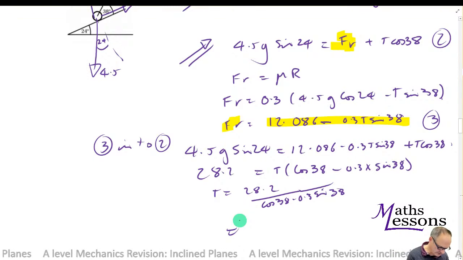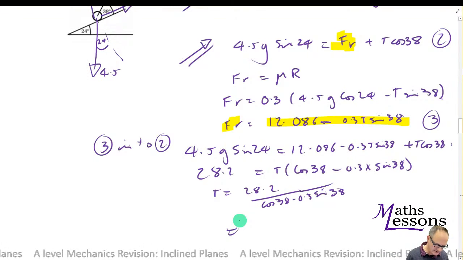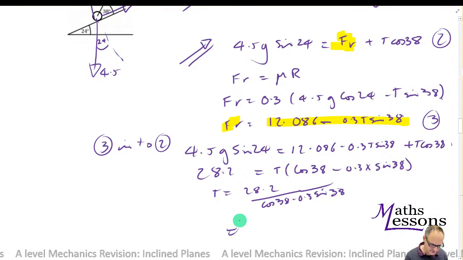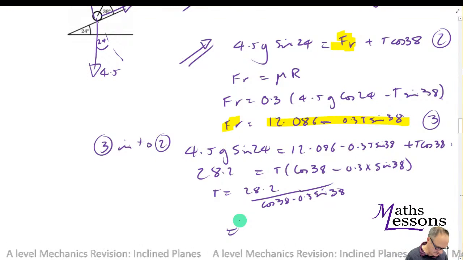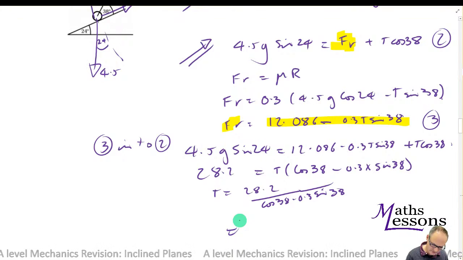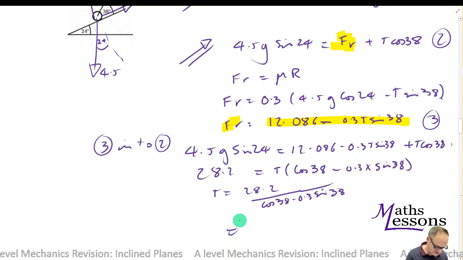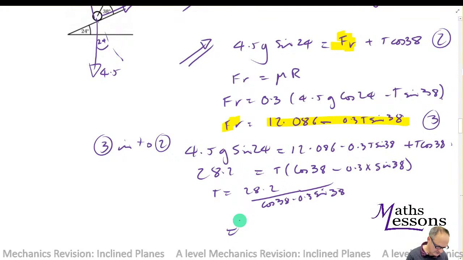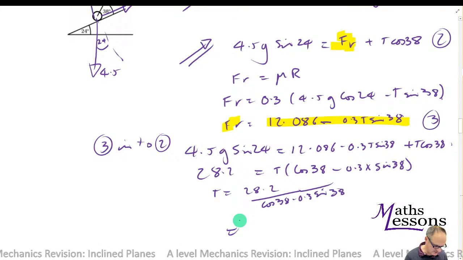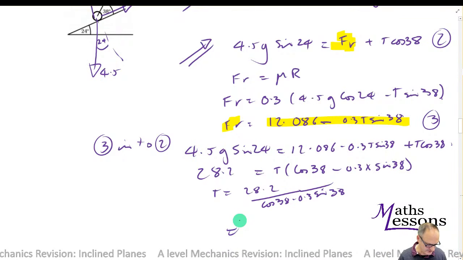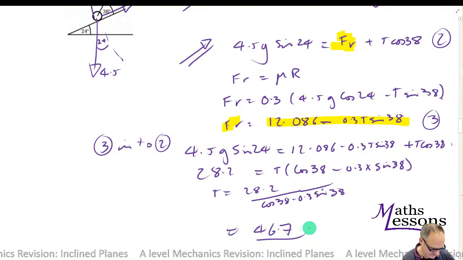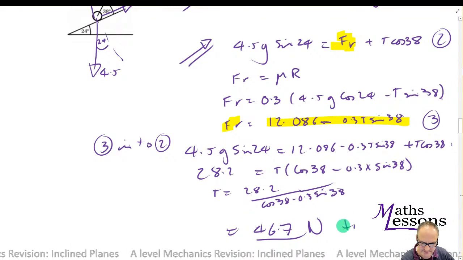We've got cos of 38 minus 0.3 times, I didn't do the 0.3 for some reason, 0.3 times sine of 38, equals. I should get an answer. And I got 46.7 newtons for that, to 3 significant figures.